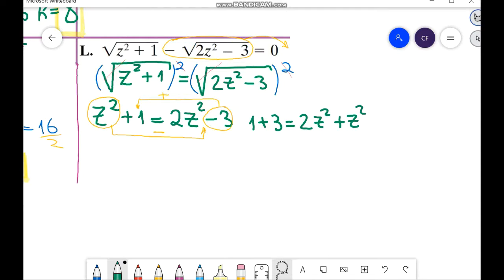And you can switch the sides. 3z squared equals 1 plus 3, which is 4. Apply the square root on both sides, but remember, maybe we can have this as a negative as well. Let's check it out. This square root can be positive or negative.